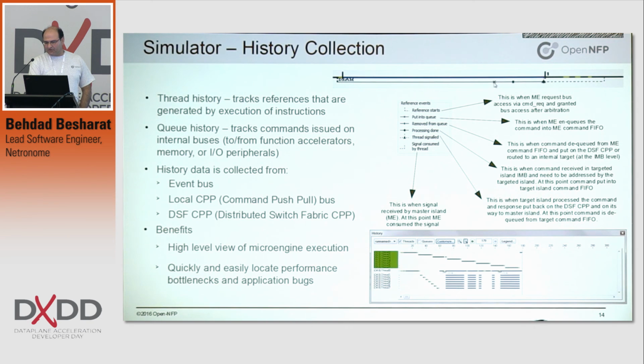So this is when the microengine enqueued the command. This is when the command has been removed from the queue. This is when the command's processing is done and it went to, in this case, external memory. And then it's been processed and its processing is done, which is right here. And then the triangle says the processing is done within the block, and the microengine is signaled back. And this is when the microengine consumes the signal and continues.